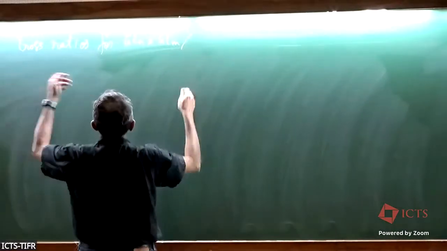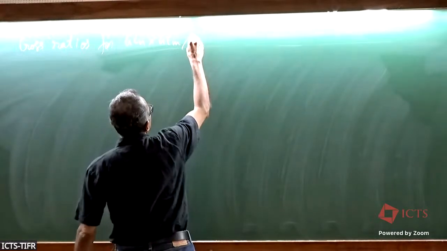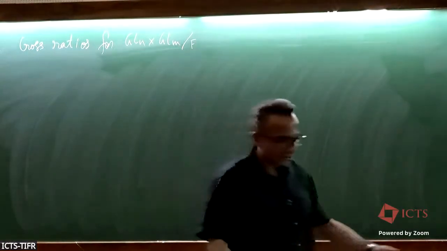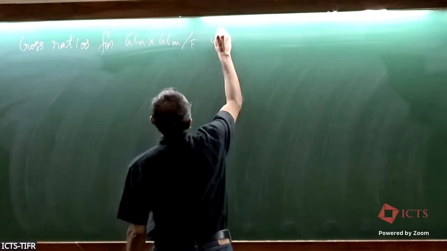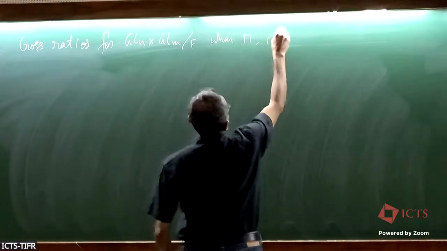So cross ratios for GLn cross GLm over a CM field. F is going to be a CM field for the rest of the talk. When pi and pi prime are cuspidal.